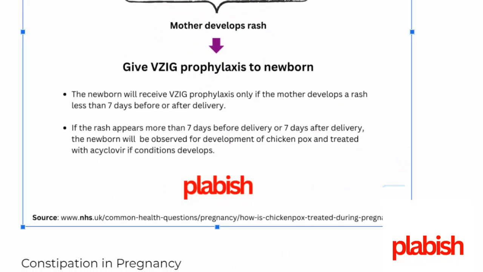Again, the newborn will receive varicella zoster prophylaxis only if the mother develops a rash less than 7 days before or after delivery. If the rash appears more than 7 days before delivery or 7 days after delivery, the newborn will be observed for development of chickenpox and treated with acyclovir if the condition develops.